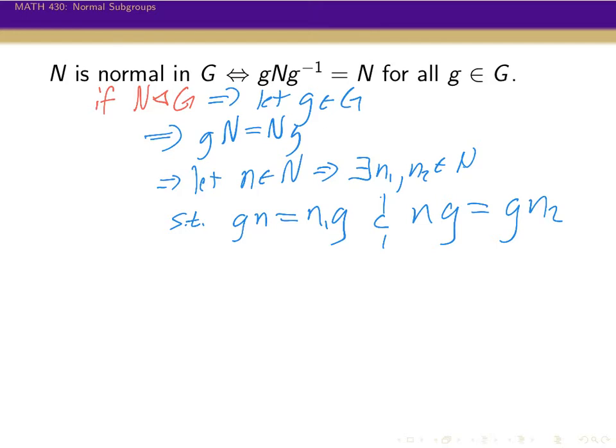And so if gn equals n1 g, then this means that g n g inverse is equal to n1.